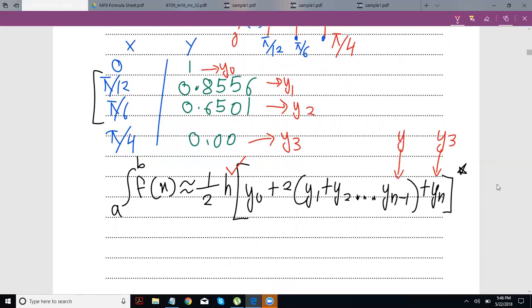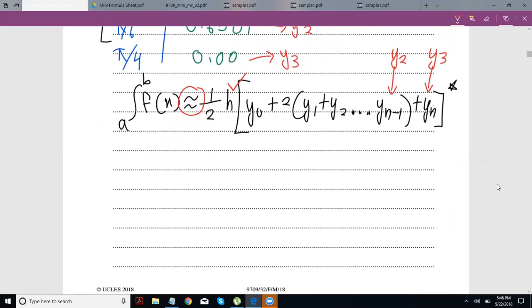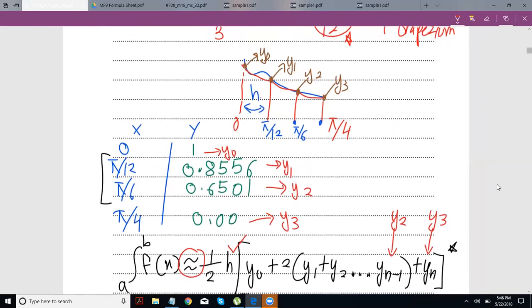This should go up to y2, and so on. So if you just quickly put this in, remember, not relevant here, but you have an approximating sign because your trapezium rule is just an approximation. It never really gives you the exact value. It could either overestimate or underestimate the value of the area under the curve that you're getting.